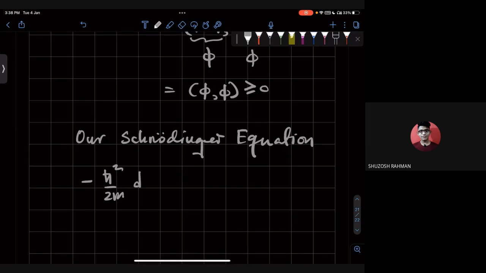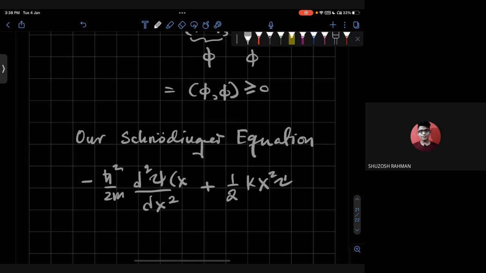So it's d squared psi of x over dx squared plus half kx squared psi equal to E psi, right? This is the equation that we want to solve.